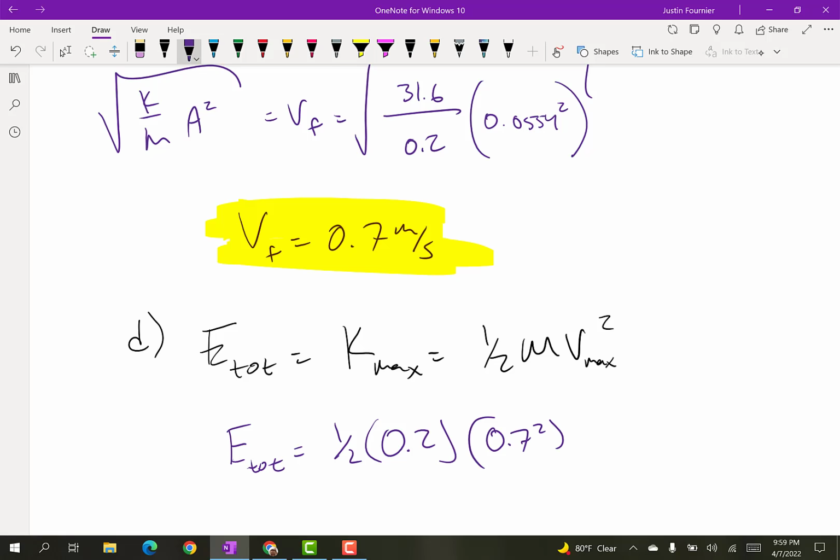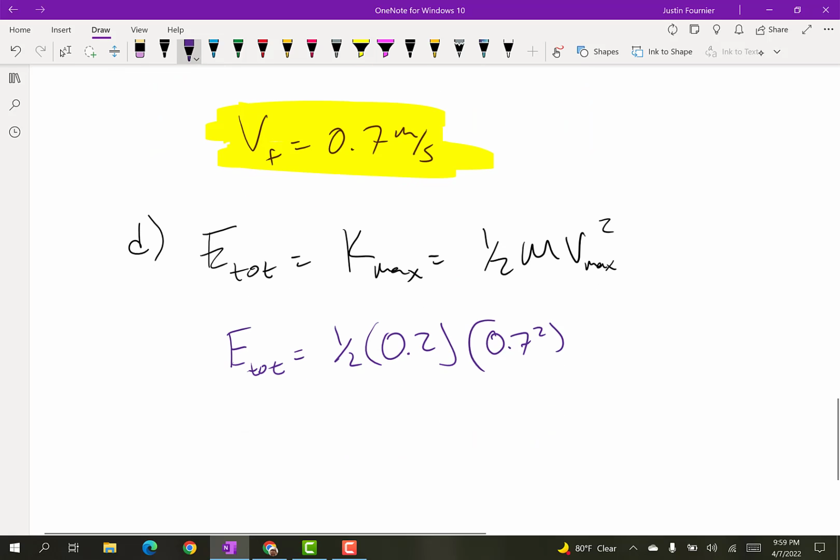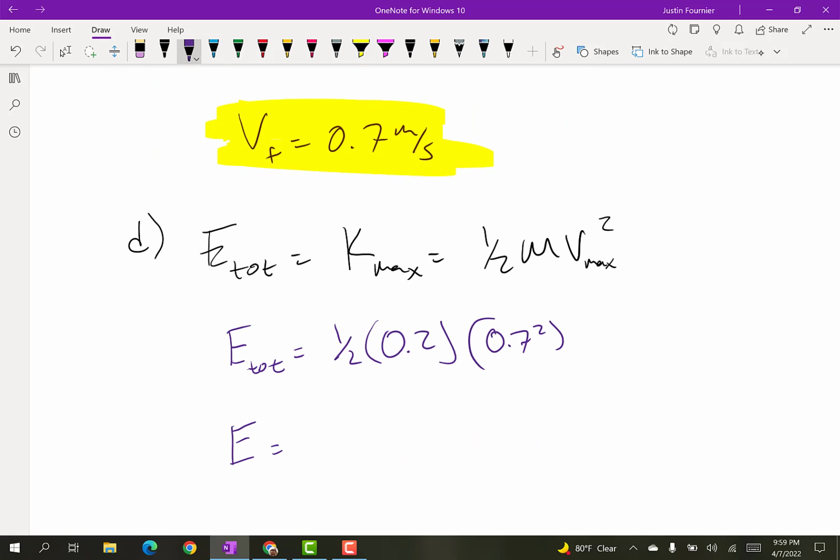Plug all this in, 0.7 squared multiplied by 0.2 times 0.5, and I get 0.049 joules. And there you go. There's my total energy.